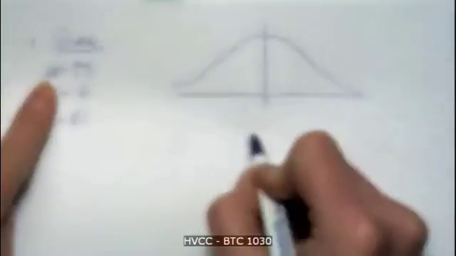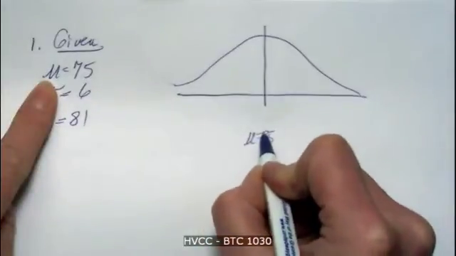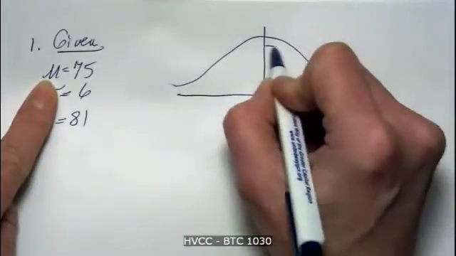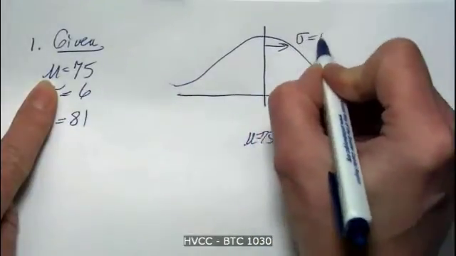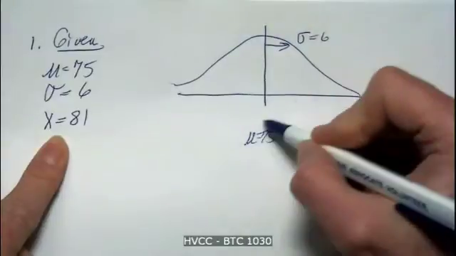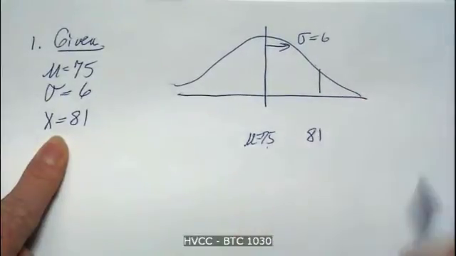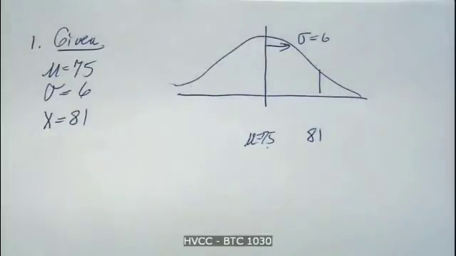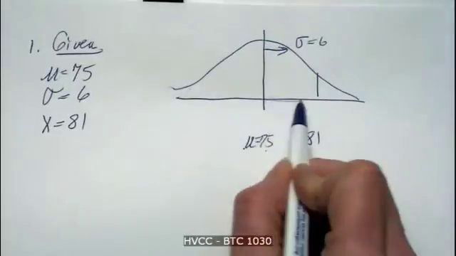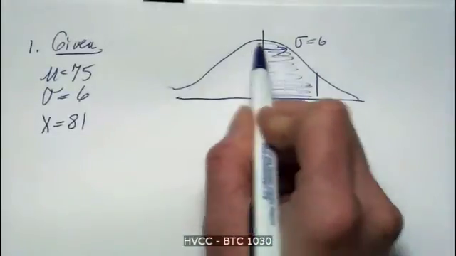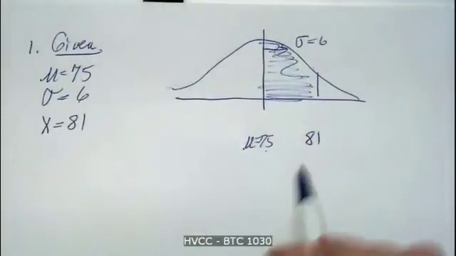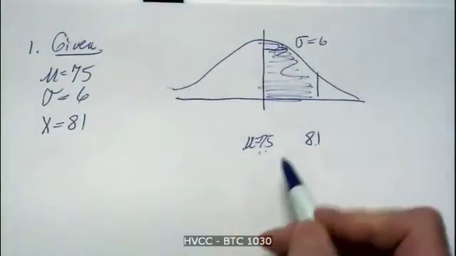Again, the average will be in the center. Standard deviation is 6. And x is 81. If this is 75, then 81 is right here. And if you read the question, it says between 75 and 81. So we want to shade this area. Now we want to convert these both to z's.